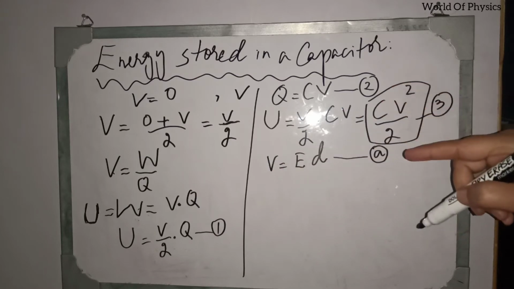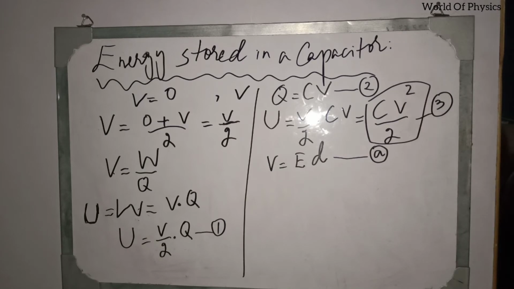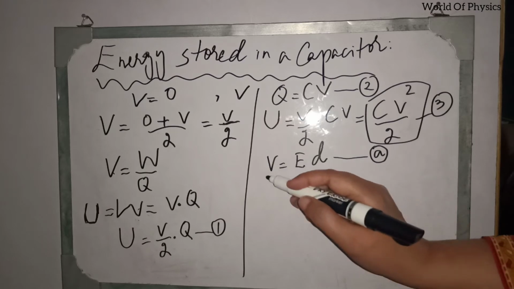Now we need the value of C. To find out the value of C, we need the value of capacitance of a parallel plate capacitor.